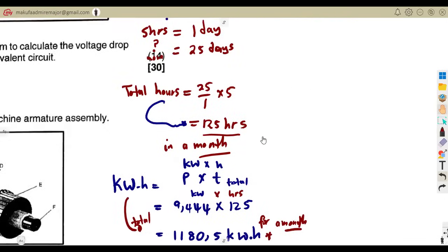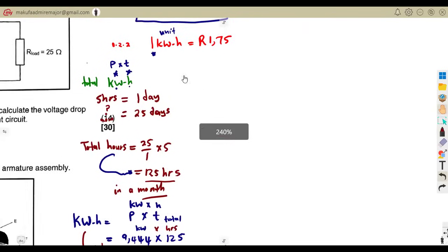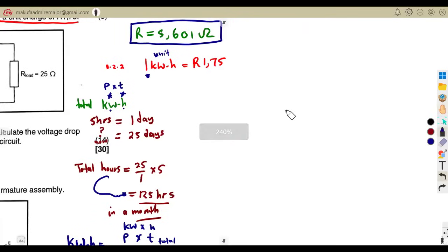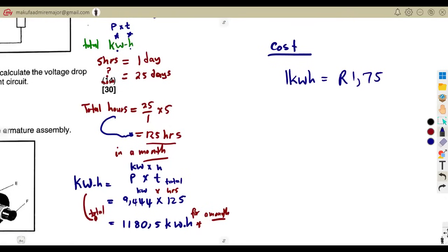So meaning to say we now use that unit, which is per each, because we have the cost. So now to determine the cost, what are we going to do? Because we are given that per each kilowatt hour, we are going to use 1.75 Rand. What about for this total that we just calculated of 1,180.5 kilowatt hour? What will be the cost?